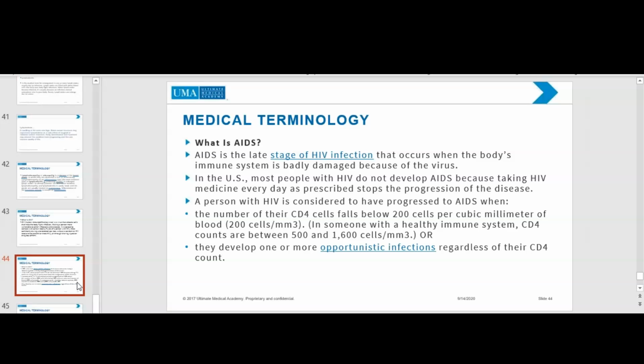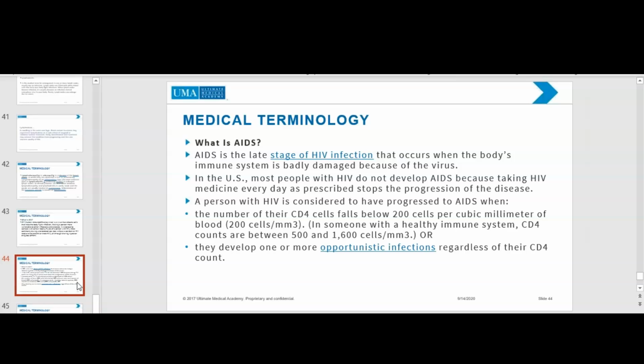What is AIDS? AIDS is the last stage of HIV infection. It occurs when the body's immune system is badly damaged because of the virus. In the US, most people with HIV do not develop AIDS because taking HIV medication every day as prescribed stops the progression of the disease.